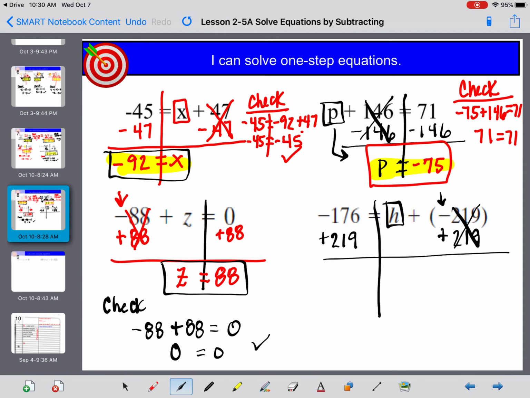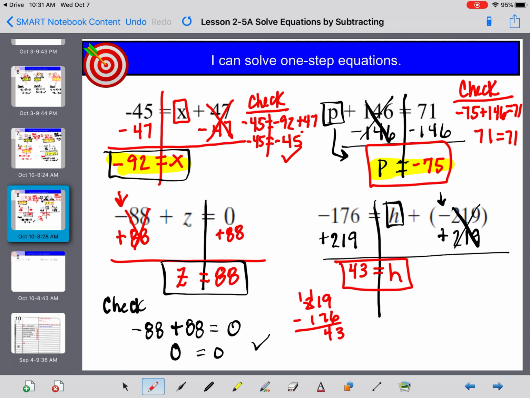You should have done a side problem. In your side problem, you'll probably want to put 219 on the top and subtract 176. And you should get 43. Now, negative 176 is negative, 219 is positive. 219 has the larger absolute value, so my answer is positive 43.